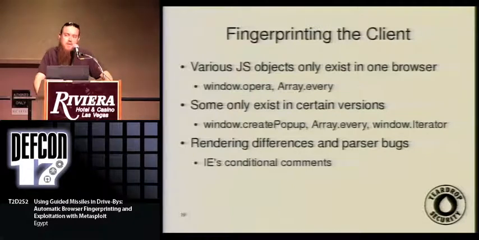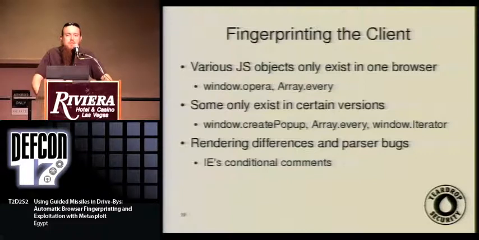Another method for figuring out what the client, often used by web developers, is IE's conditional comments, parser bugs, and rendering differences. So there's an example in IE 6 or older. You could put a backslash in front of the star at the end of a comment, and IE 5.5 would not treat that as the end of a comment.